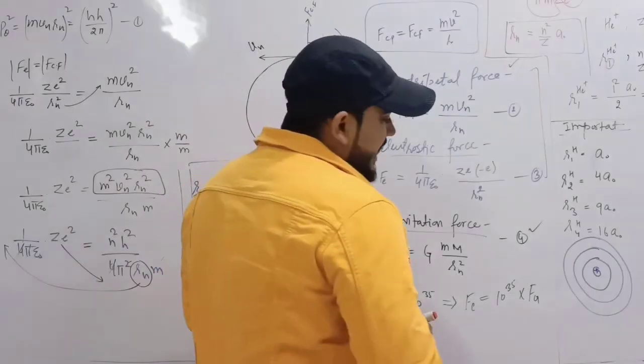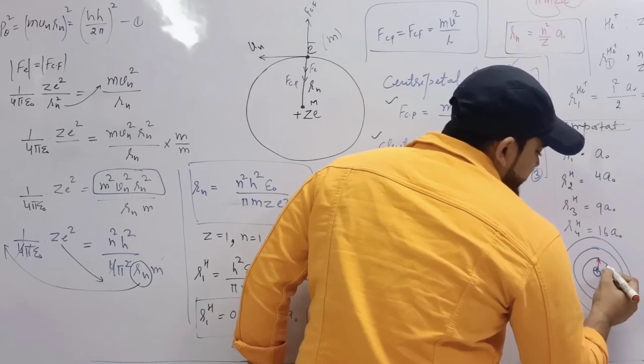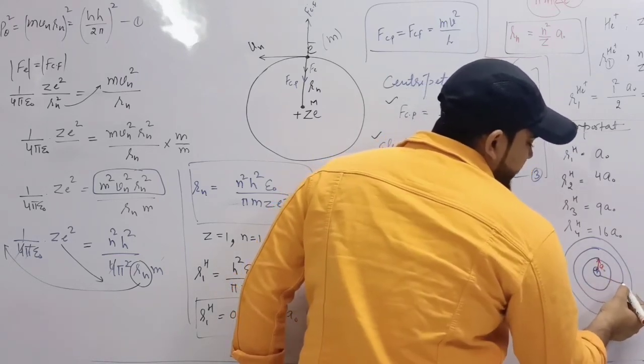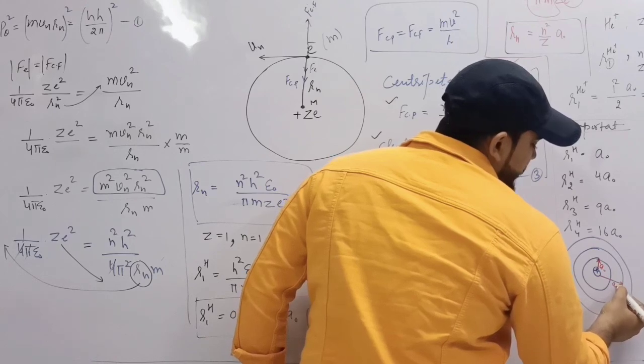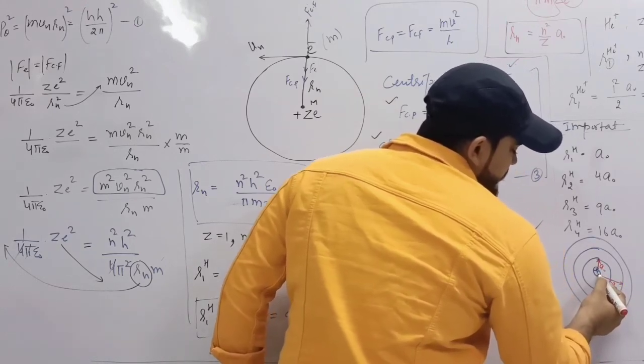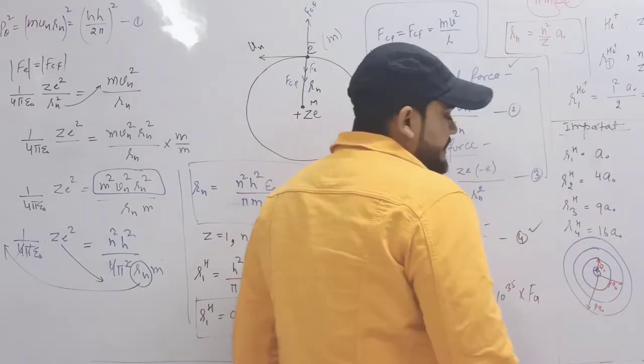So we have now this value from here to there, this is A naught, clear or not? Now this value for the second orbit from the nucleus, this is 4 A naught, and the nucleus to third orbit, this is 9 A naught, and so on.